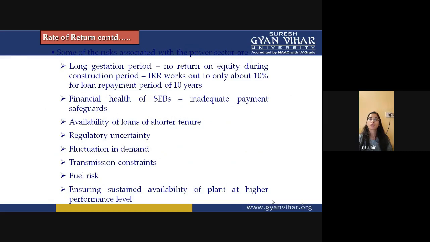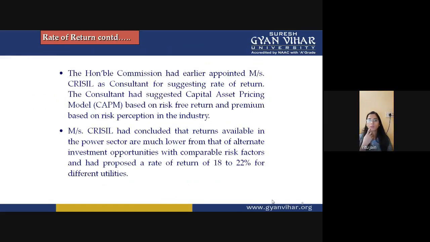Financial health of SEBs indicates payment safeguards, availability of loans of shorter tenure, regulatory uncertainty, fluctuations in demand, transmission constraints, fuel risk, and ensuring sustained availability of plant at higher performance level. So, what is the rate of return? The Honorable Commission had earlier appointed Ms.